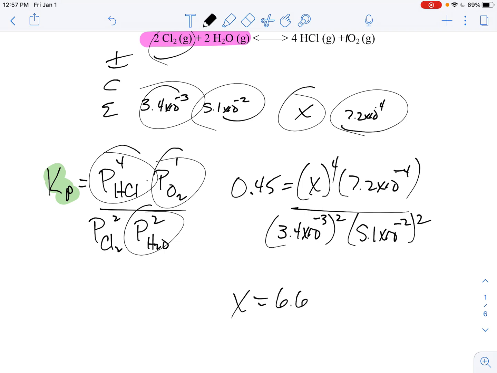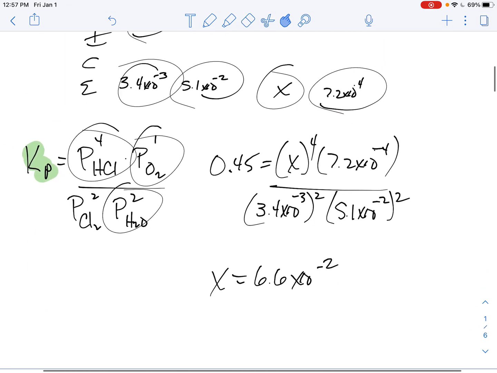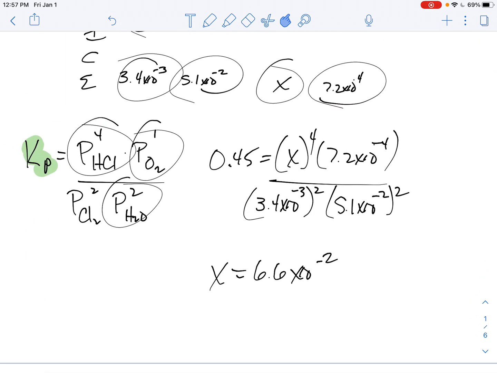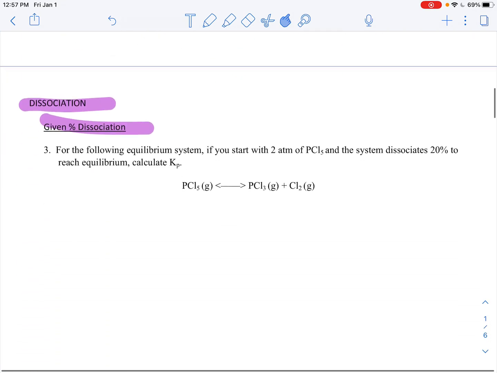Yes, so I think it is supposed to be an X value of 6.6 times 10 to the negative 2 that is here, if I have got my situation correct. I think I do. Yes. All right. So if you solve then for X and take the fourth root of it, you should get a value of 6.6 times 10 to the negative 2.